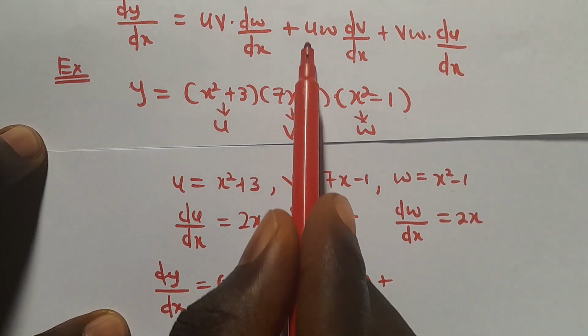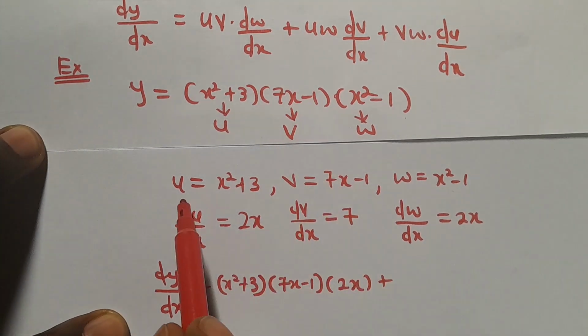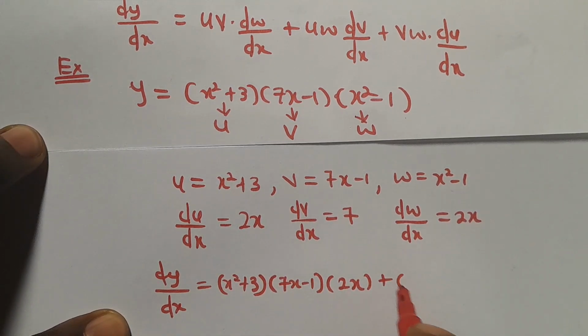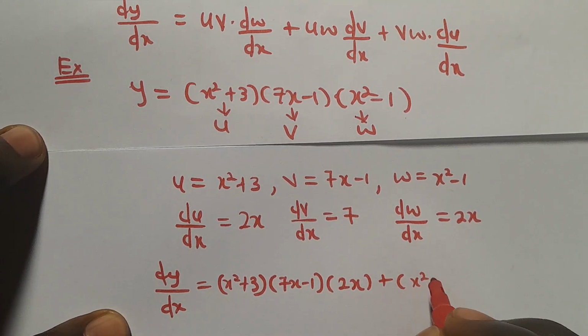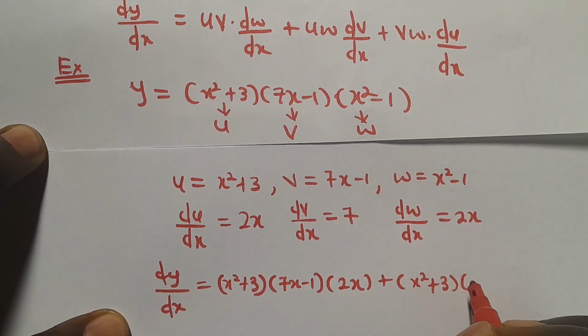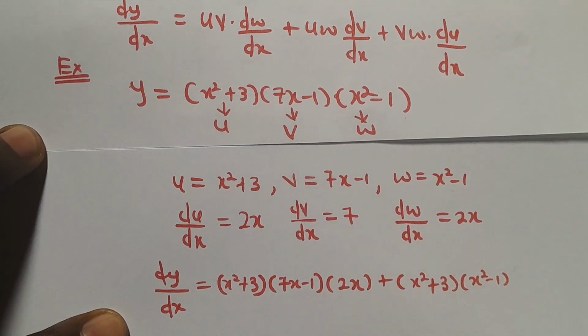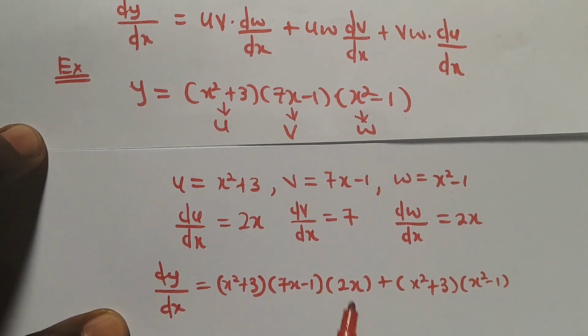Multiply the functions u and w, where u equals x squared plus 3 and w equals x squared minus 1, multiplied by dphi/dx.